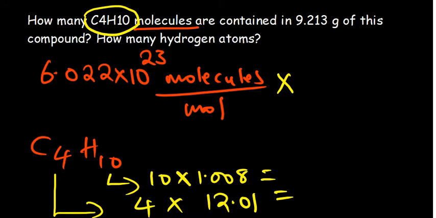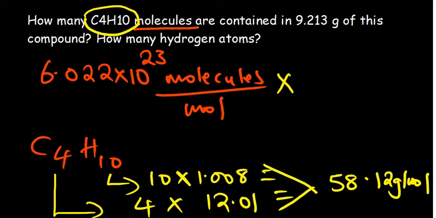So 10 times 1.008 plus 4 times 12.01. So if we add the two, we have 58.12 grams per mole. So that's our molar mass.